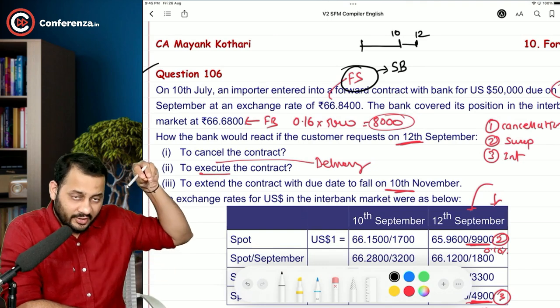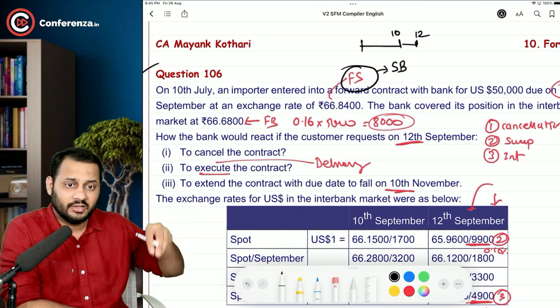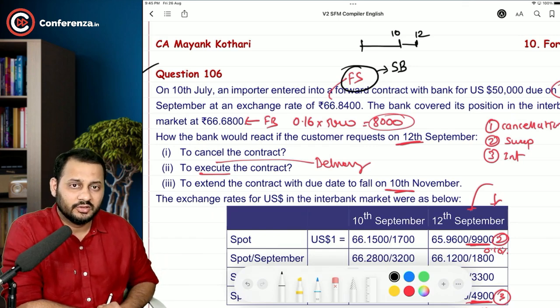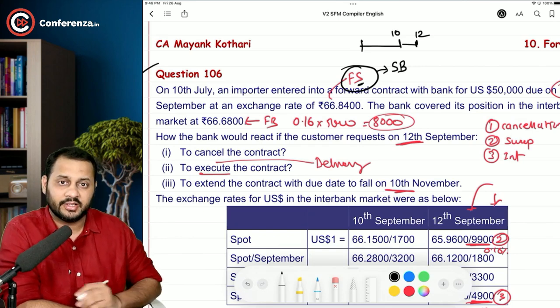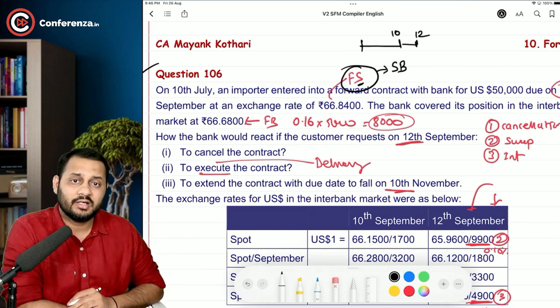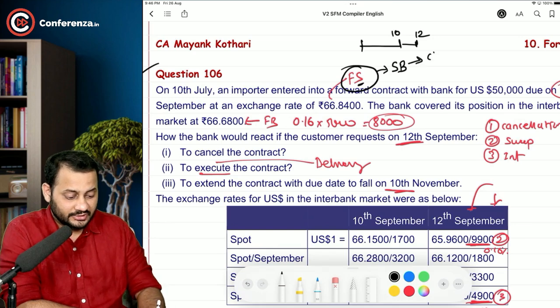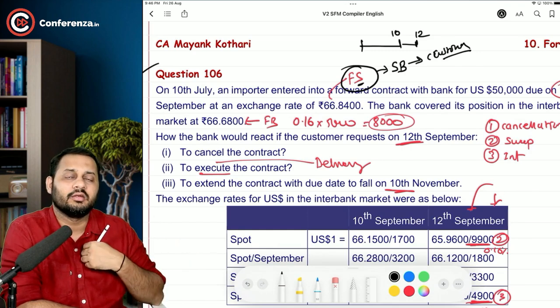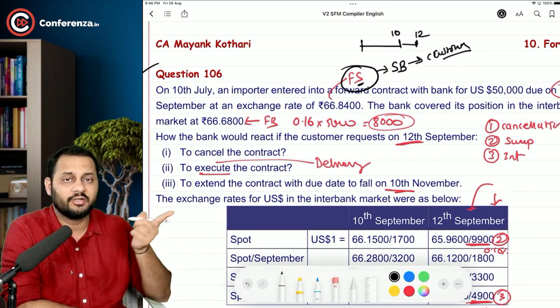Because bank will cancel on the same day the customer appeared, and that is under 3 days. So spot. Second, why buy? Because we had a sell contract. And this has been charged to the customer. Understand? So all the rates will be taken from our angle because this is applied to the customer.